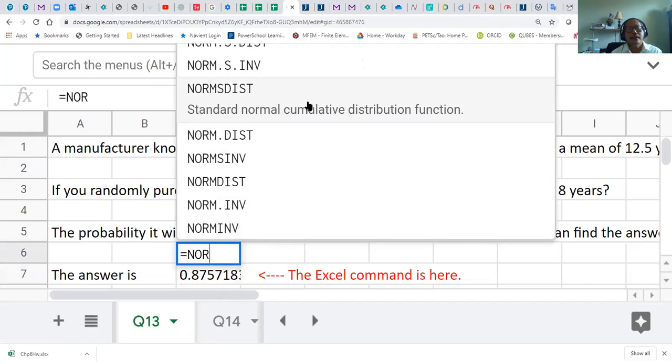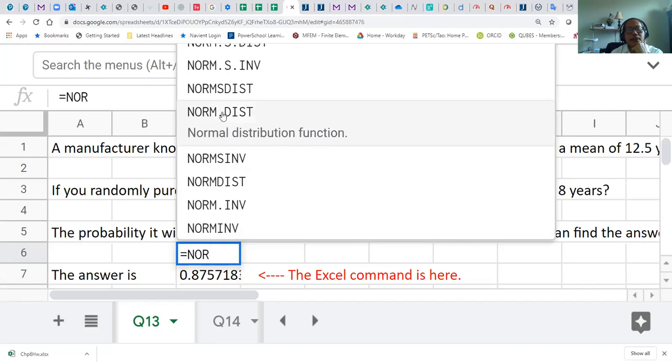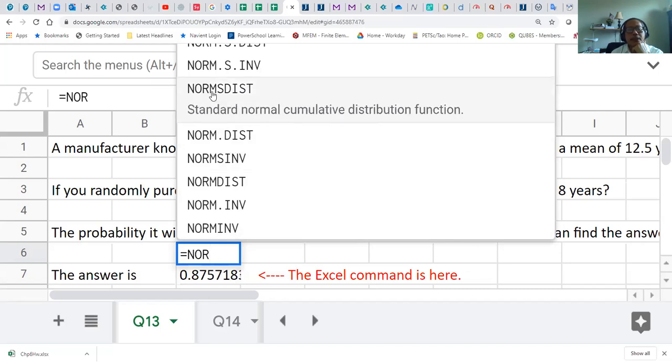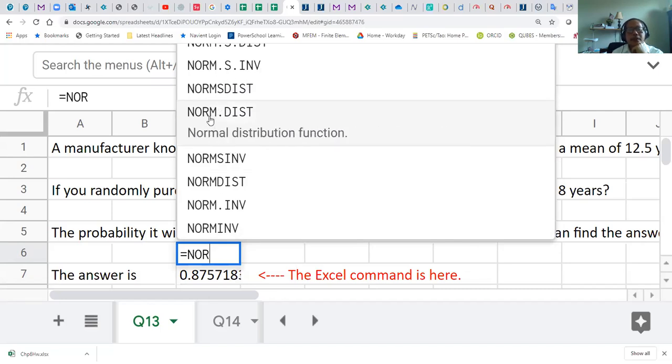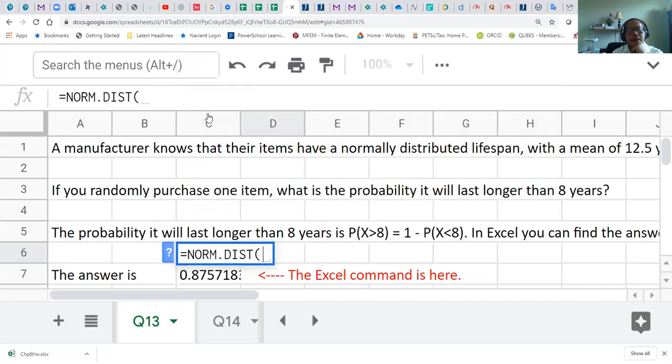Oh no, I think in this case it's not normal standard deviation. It's just simply normal distribution. So you can pick this one.